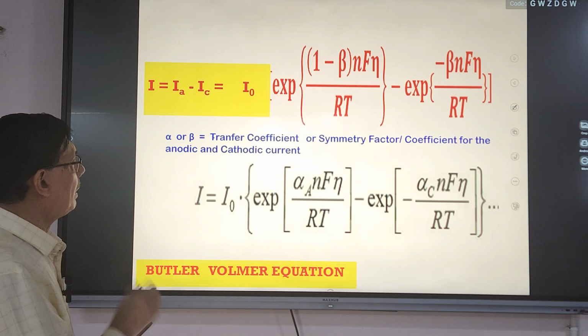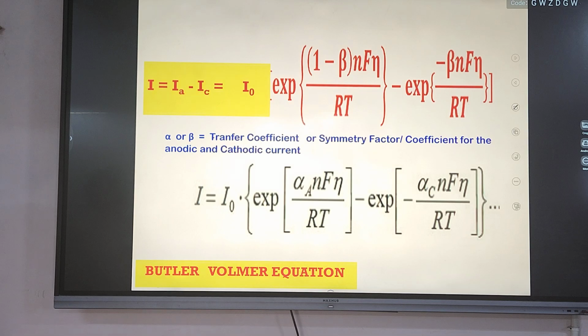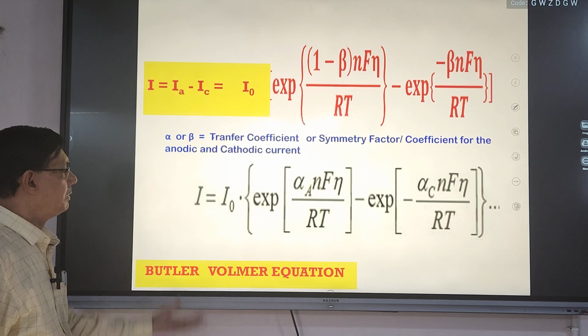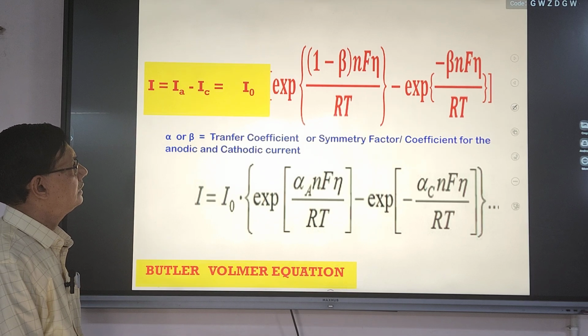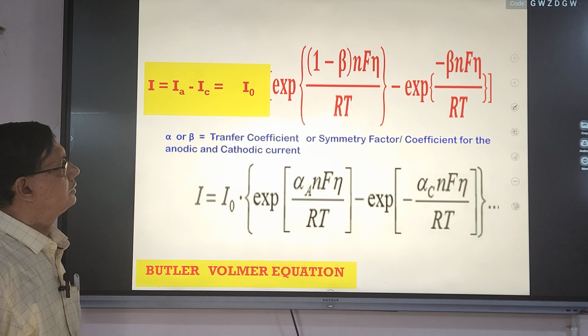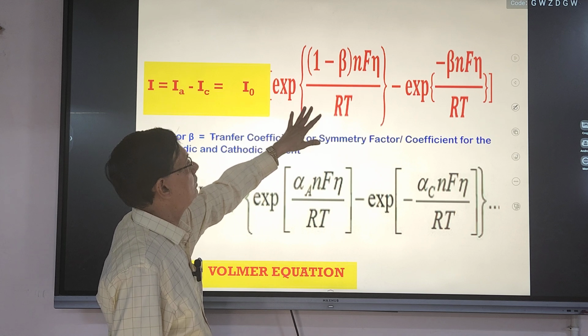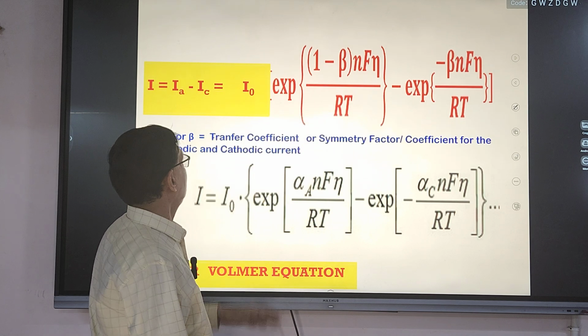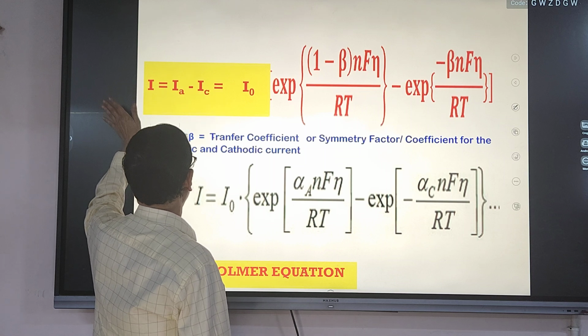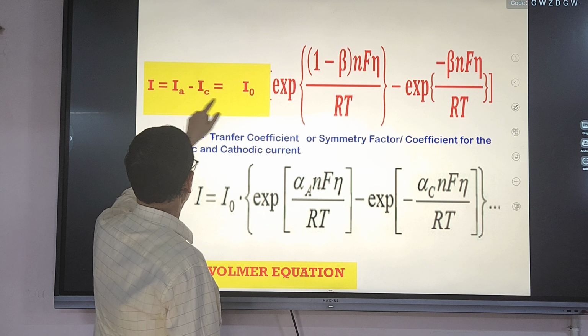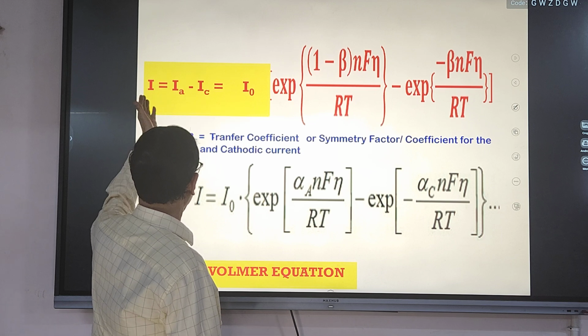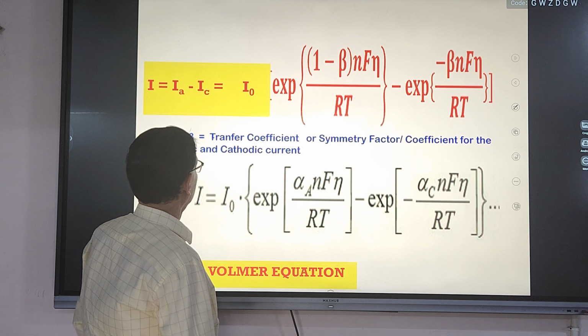Now I am coming to the last part. There should be no confusion, so that students can follow. Now why am I showing two equations? Because when I referred to different books and research papers, Atkins and others, I found that somewhere there is a simple equation, and you can follow this equation also. On the left side there is no problem: exchange current density, cathodic current, anodic current.